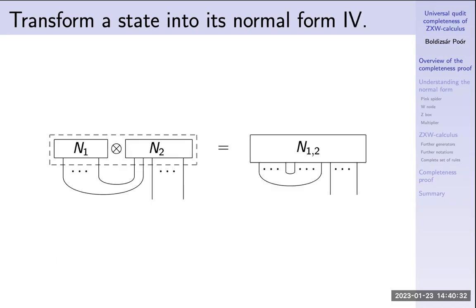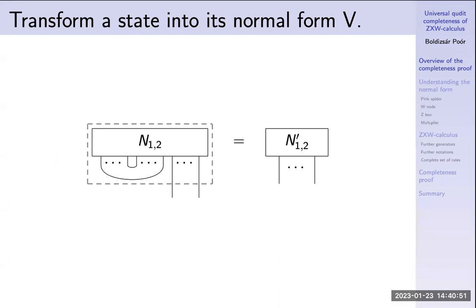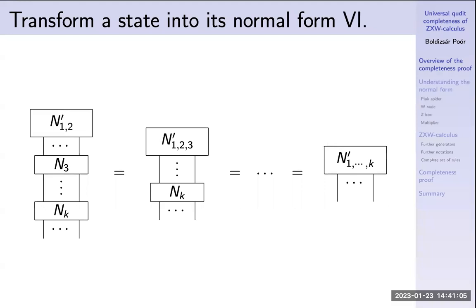Then we have two diagrams in normal form next to each other, and we transform the tensor product of these two normal forms into a new, bigger normal form. And lastly, we have to reduce the partial trace of this normal form into another normal form. We repeat this step for all of these layers, and in the end, we end up with a normal form.